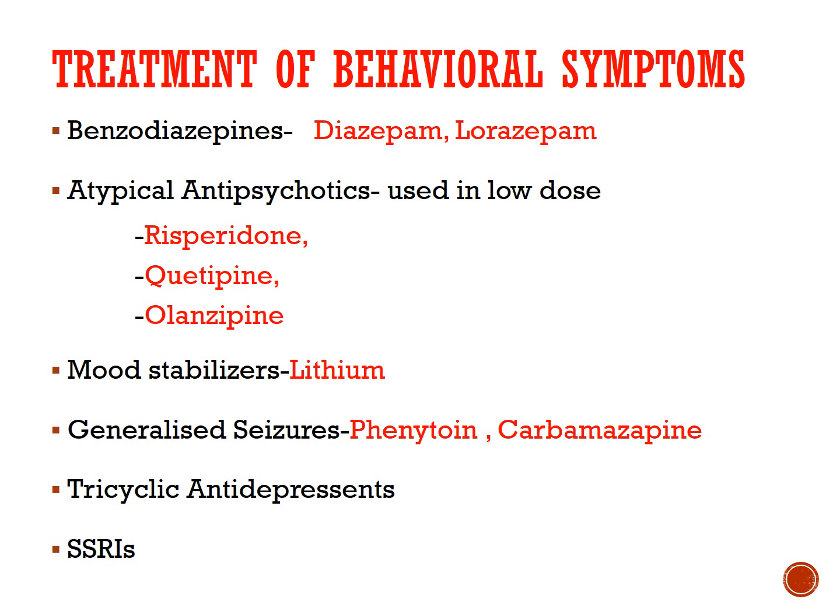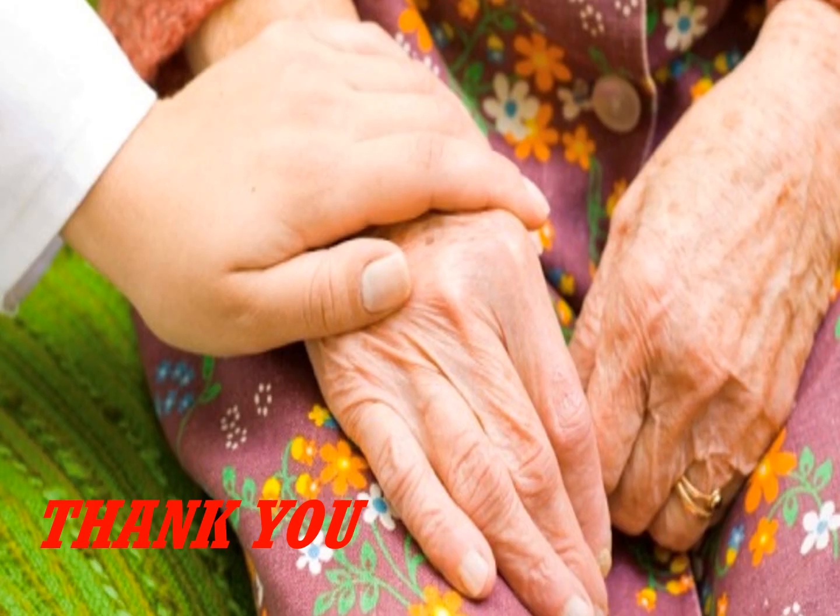So we can use benzodiazepines like diazepam and lorazepam, and in low doses atypical antipsychotics like risperidone, quetiapine, olanzapine, and mood stabilizers like lithium, and phenytoin or carbamazepine for generalized seizures, and tricyclic antidepressants as well as selective serotonin reuptake inhibitors. And that's all about the pharmacotherapy of Alzheimer's disease.